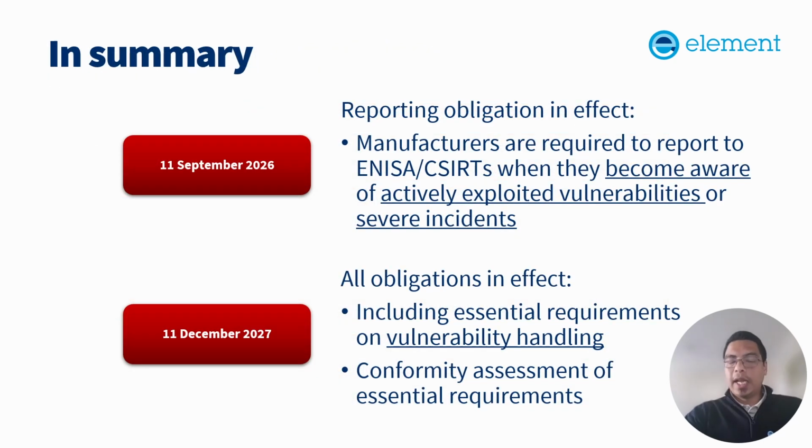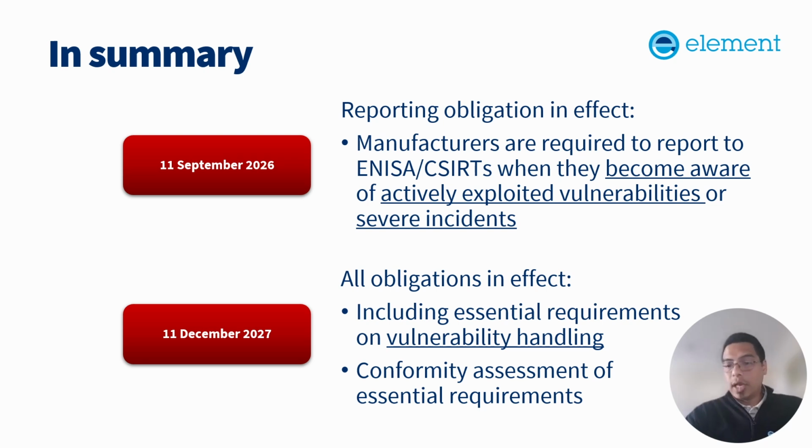But just being clear and to summarize, from the 11th of September 2026, the reporting obligation will be in effect. And this requires manufacturers to report to ENISA and the applicable CSIRT or the relevant CSIRT when they become aware of actively exploited vulnerabilities or severe incidents. The rest of the obligations of the CRA don't come into effect until the 11th of December 2027, which includes those essential requirements on vulnerability handling.